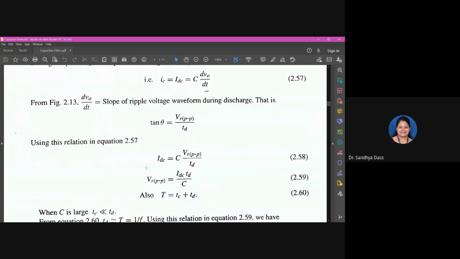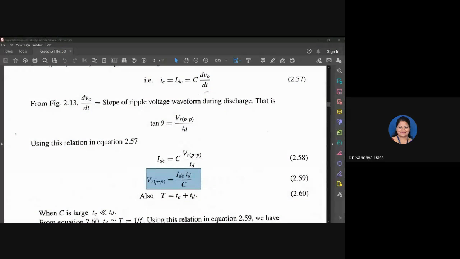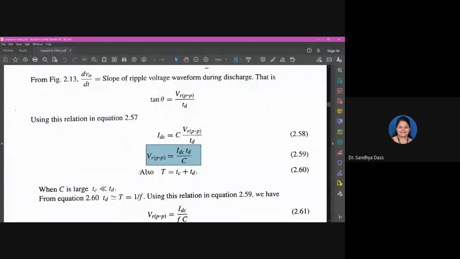I hope all are with me, and I hope you are noting down the things. Okay. Now, we know the total time period, that is charging of the capacitor and discharging of the capacitor, is given as the total time period T. And we just now discussed that the charging time TC is quite less compared to the time for discharging of the capacitor.